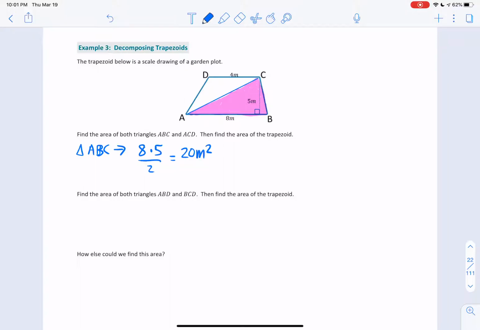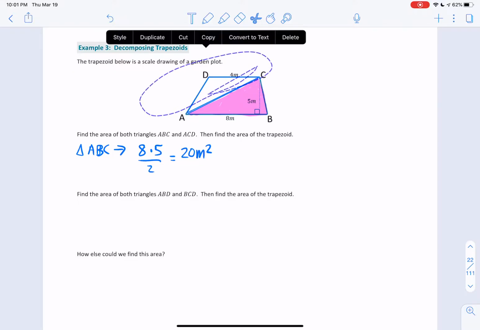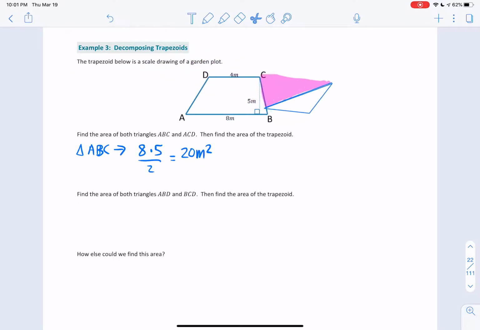Triangle ADC. So I want you to notice something. Let me go ahead and do this one thing first. I'm going to flip this around so you guys can see. I'll erase that. So putting this back in there so we can see what happened here.